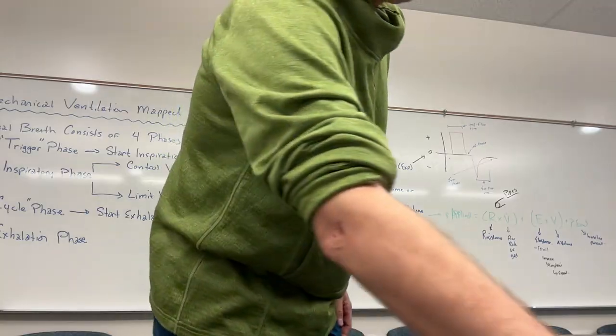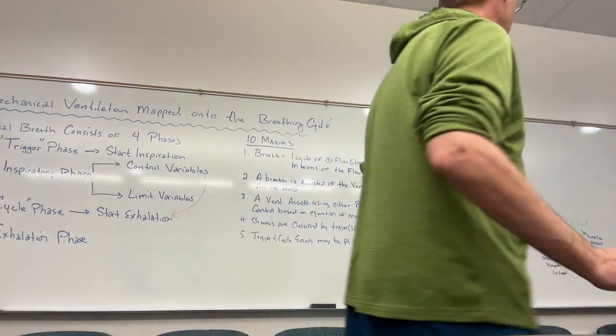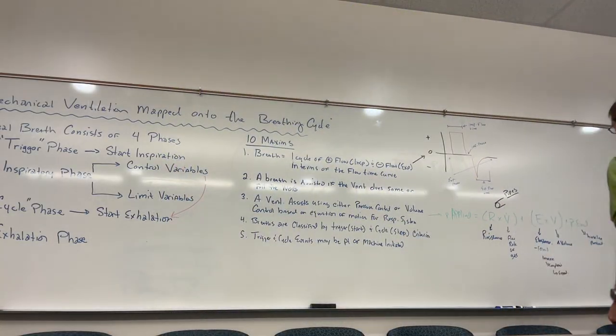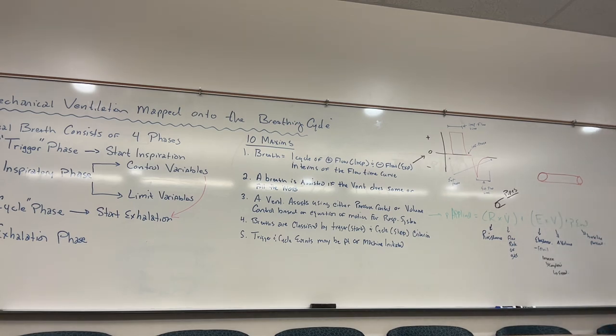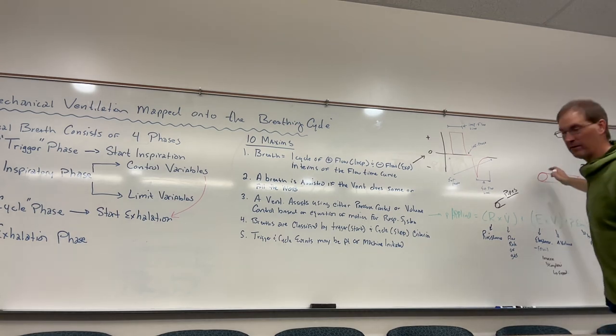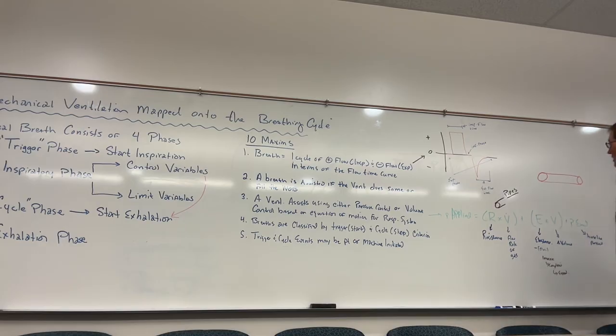Because remember, at the end of the day, you have to produce a driving pressure, right? So if you have a pipe and you want some fluid to flow through that pipe, of which air is a fluid, what you need is to create a pressure gradient. You need to create a delta P, a change in pressure. This is often referred to as a driving pressure.